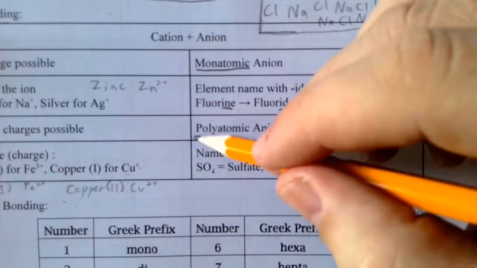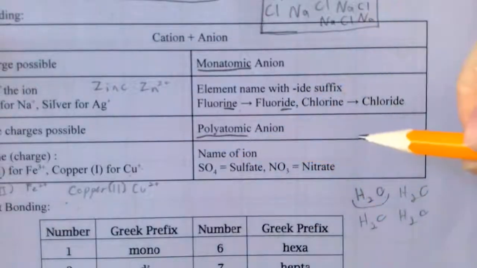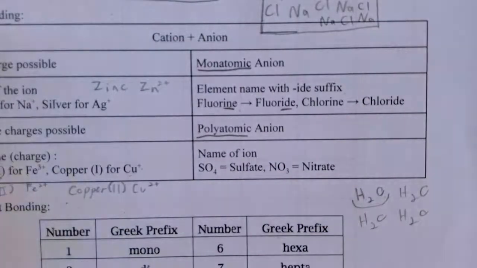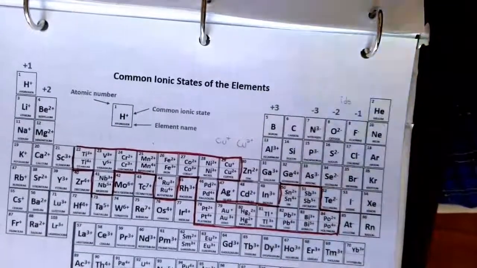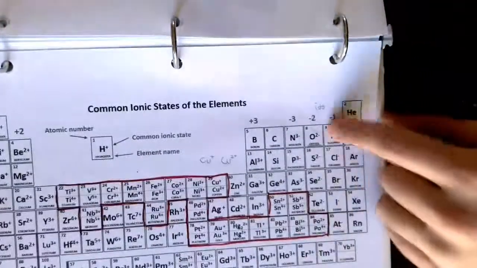We can also have what we call polyatomic anions, where the anion is actually a mixture of multiple nonmetals. If I look on this page again, it would look like a mixture of some of these.